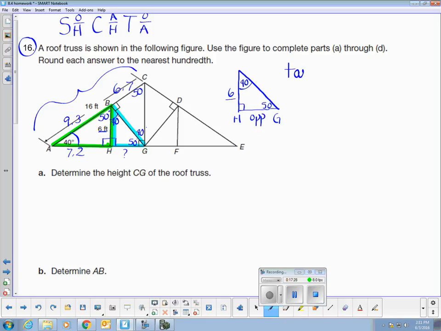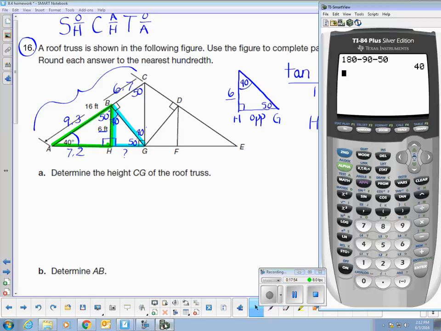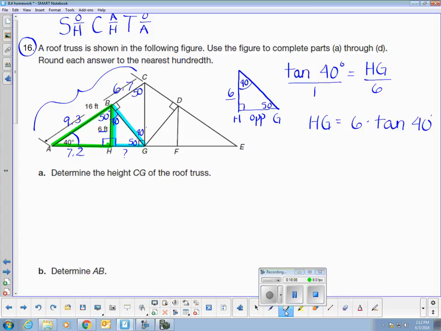So I'm going to say the tangent of 40 degrees is equal to the opposite over the adjacent. So this side is about 5.